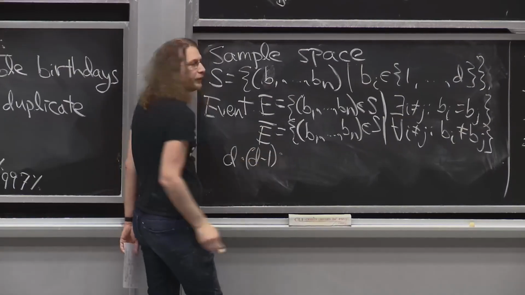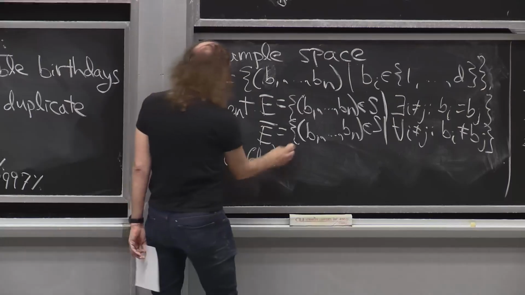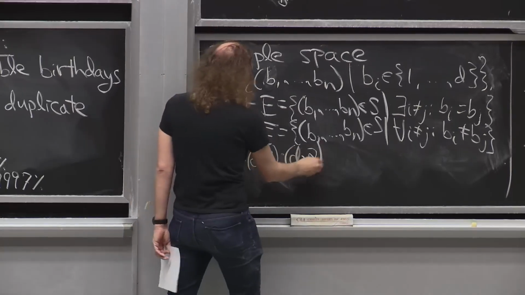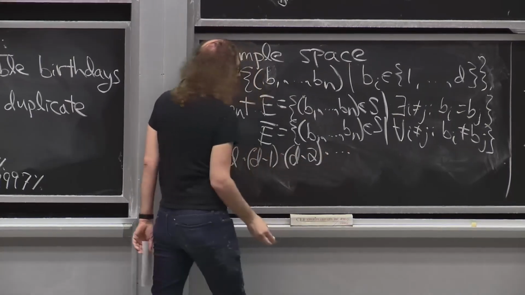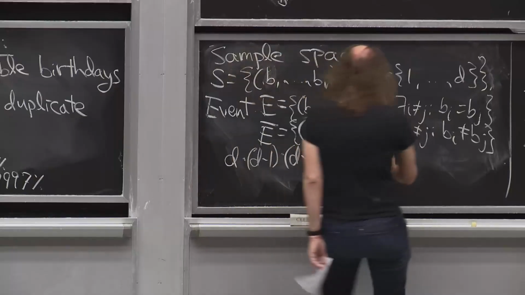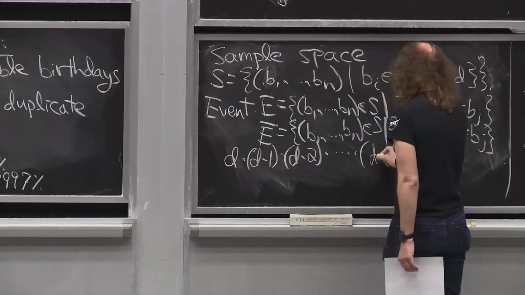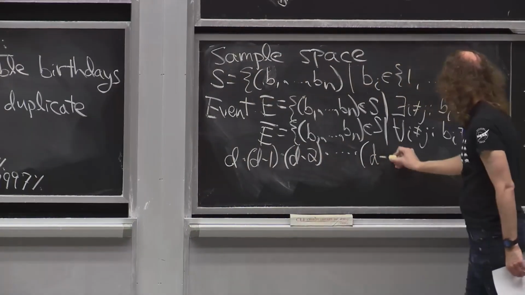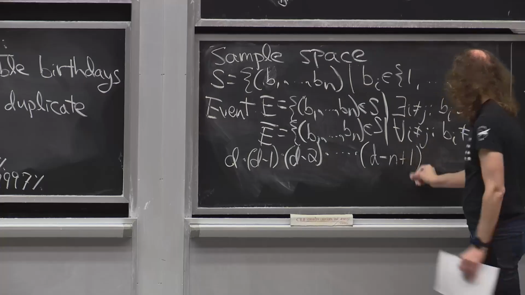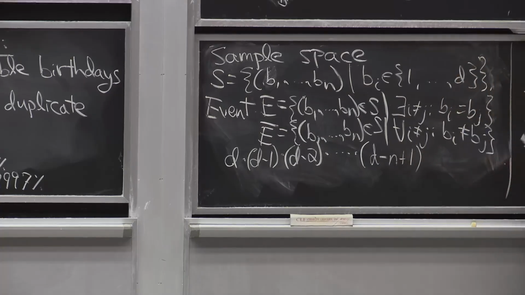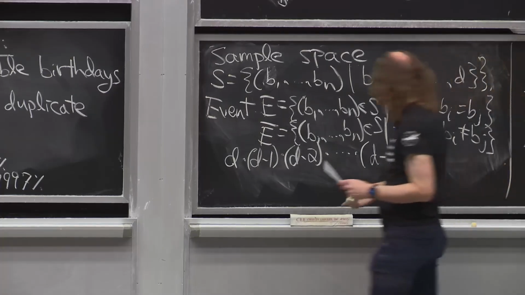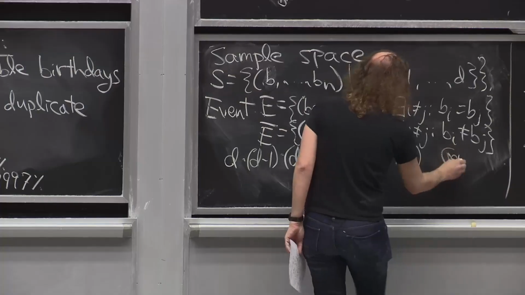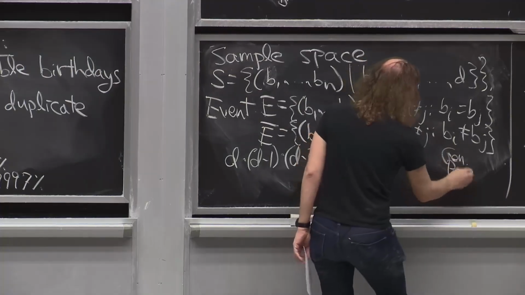Then the next birthday, there's d minus 2 options. Hopefully this is old hat by now. You're used to the generalized product rule. And the hard part is knowing when to stop. This is going to be d minus n plus 1, I think. Should be the right one. Sure, yeah. This is the generalized product rule.